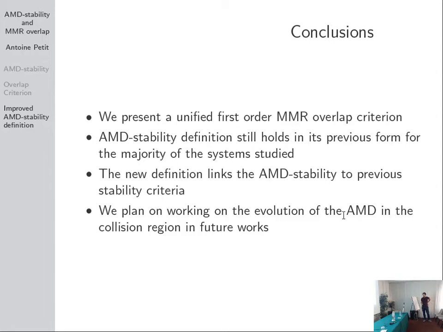And the new definition of the AMD stability is linked to previous stability criteria that were linked to the Chirikov criterion. And so we plan on working on the evolution of the AMD in this collision region and chaotic region in order to understand what is happening there and how we can enhance the AMD stability theory. And that's all.